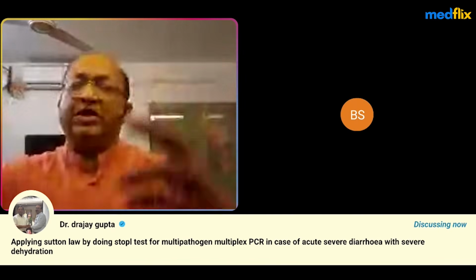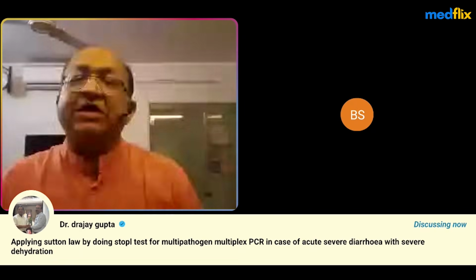So Dr. Gupta asks about applying Sutton's law by doing a multipathogen multiplex PCR in a case of acute severe diarrhea with severe dehydration. What he's asking is, now that we have a test called the multiplex PCR, that is where the money is. Sutton would go there to rob a bank because that will give you a diagnosis.